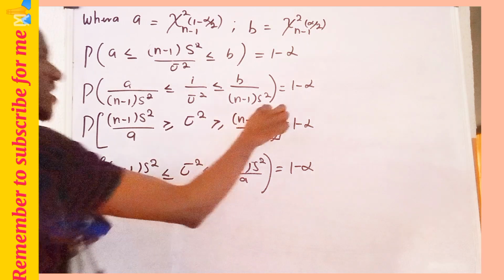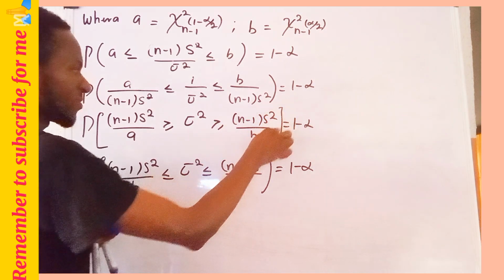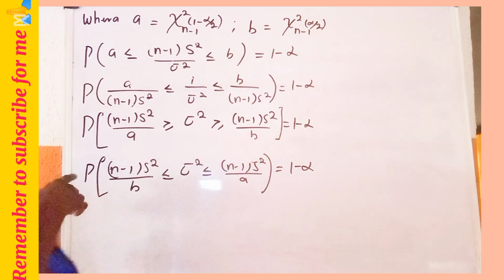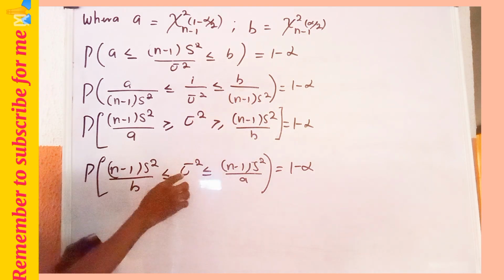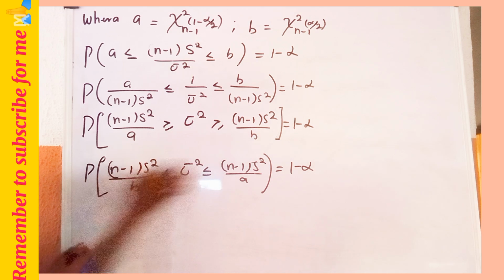What am I going to do here is very simple. Our interest is not looking at probability, we are looking at confidence interval, and you can see that sigma squared is what I have here. So the interval of values is going to be this and this.